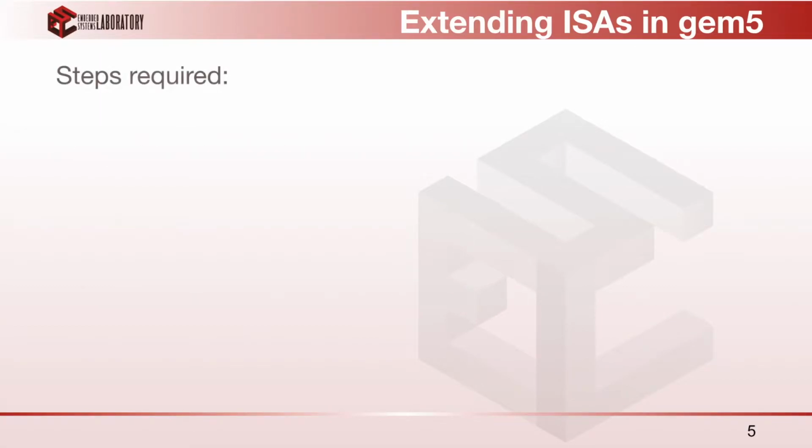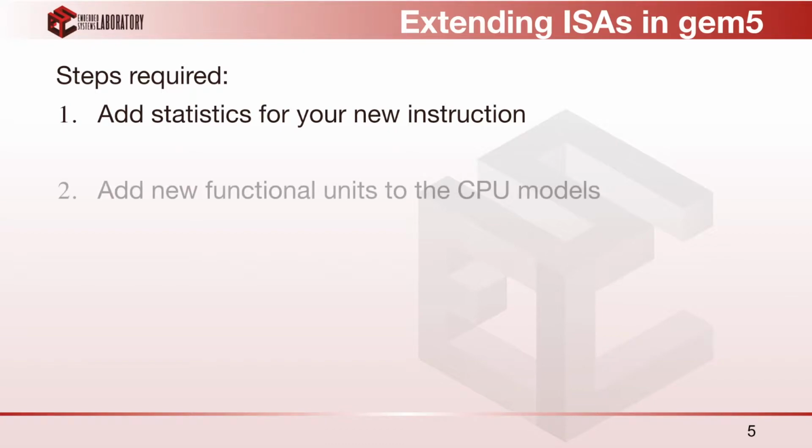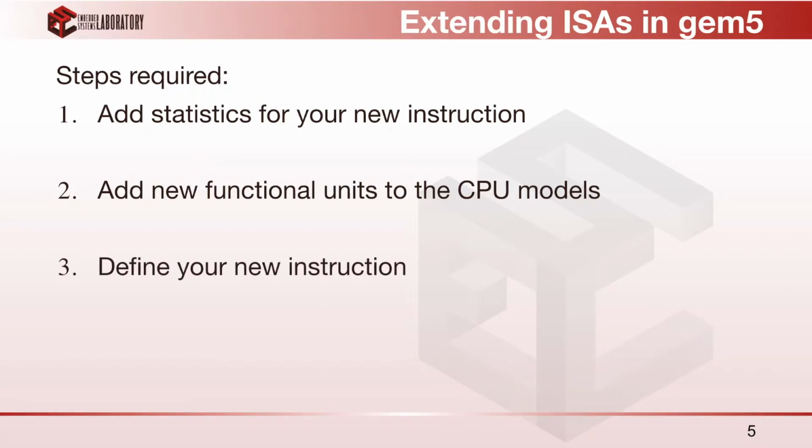Basically, the way extending ISAs in gem5 works is to first add statistics tracking for your custom instruction to the base CPU model. Second, add the new functional unit to your CPU model. Third, define the instruction and functionality in your ISA microarchitecture. And 4, recompile gem5. And that's it.